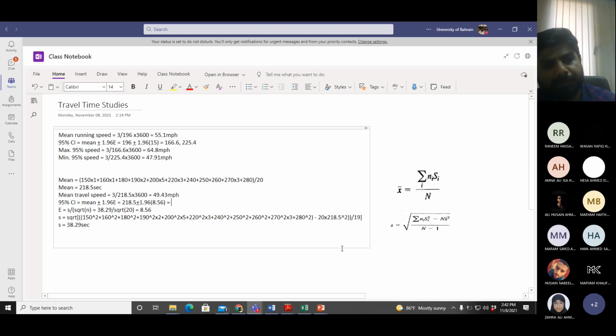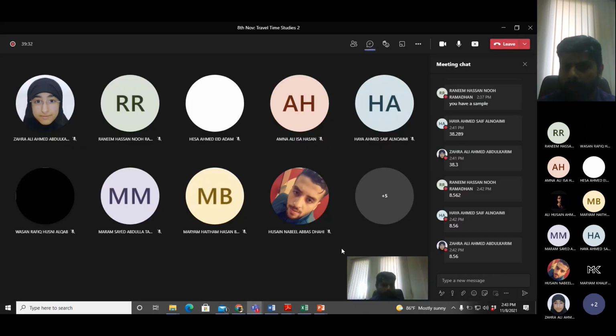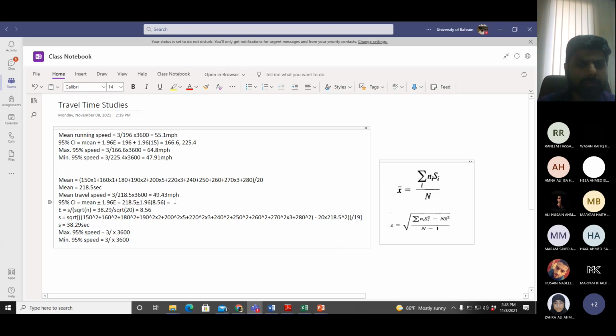Okay, how much is this interval? Once you know the interval, you can calculate the maximum 95% speed, minimum 95%. Yeah. Confidence interval, how much is it? This value.